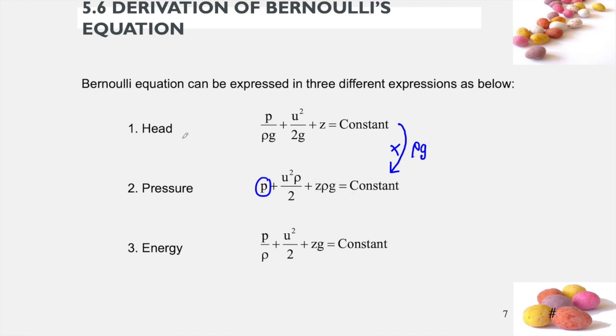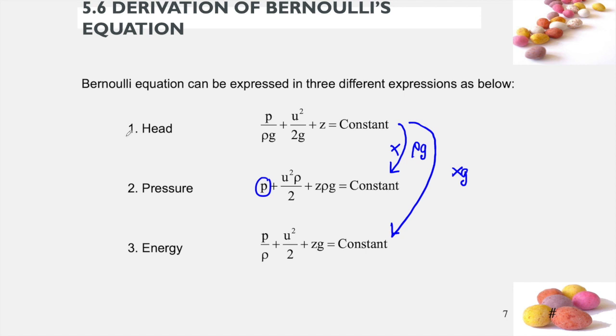And if you want to convert into energy per unit mass, from this equation you must multiply it by G. P over rho G times G, you will get P over rho, plus U squared over 2G times G, you will get U squared over 2, and the last term is Z times G, you will get ZG.